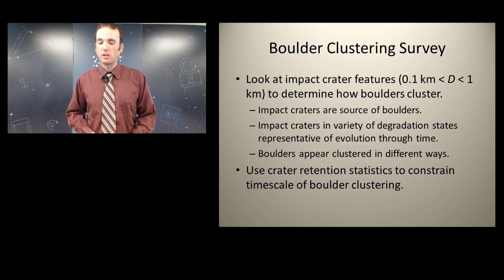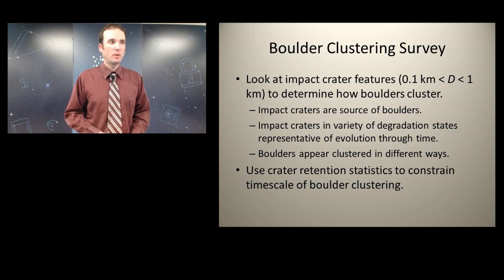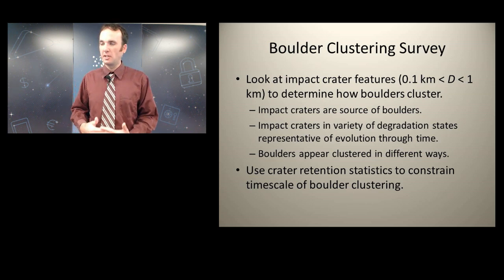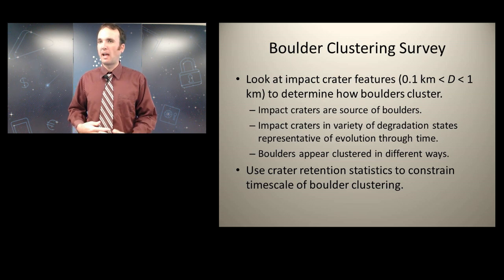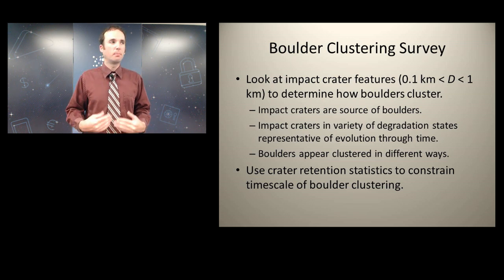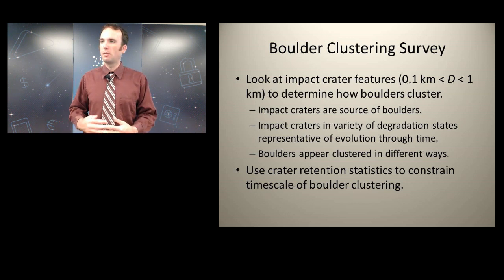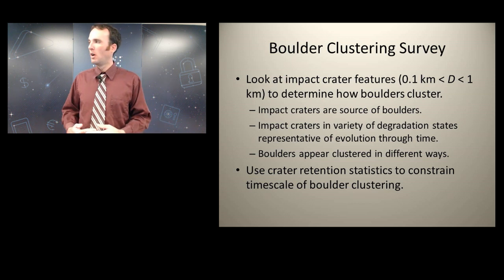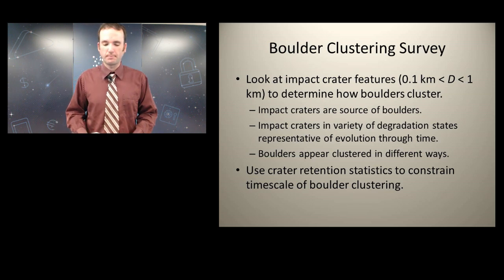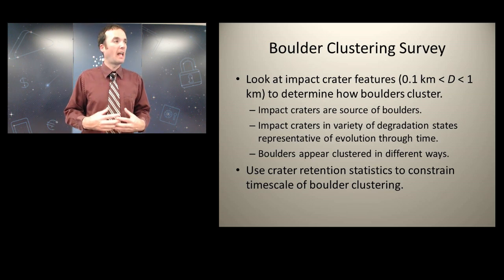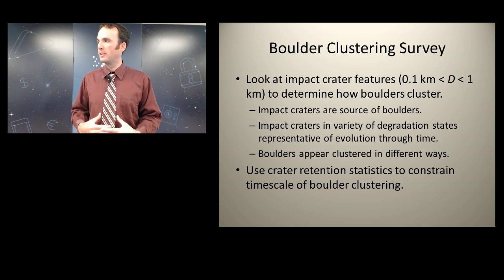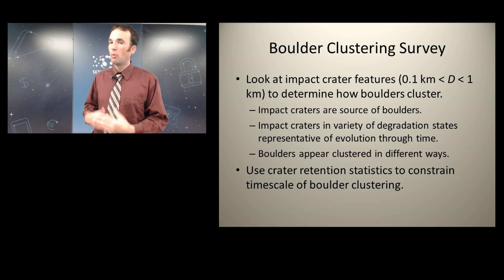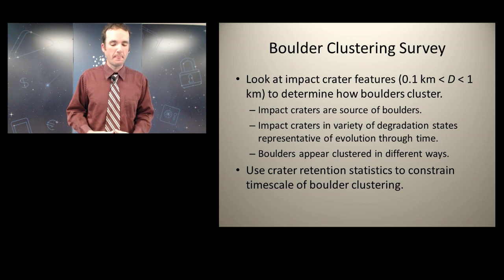Again, impact craters are a source of boulders, and we found impact craters in a variety of degradation states, representative of evolution through time. These weren't the pristine bowl-shaped craters that everyone is very familiar with. These were flat circular features that were heavily degraded. And we had to assume that all of these flattened circular features, which had a distribution similar to impact craters, were actually impact craters as well.